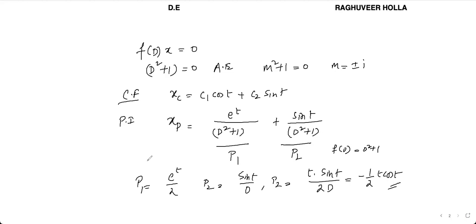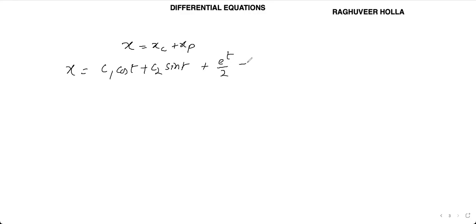So we got P1 and P2. So xp will be, and I will combine xp and xc. By putting this together, x is equal to xc plus xp. So x is c1 cos t plus c2 sin t, and xp we just got as e to the power of t by 2 minus t cos t by 2. Now let us find x dash.